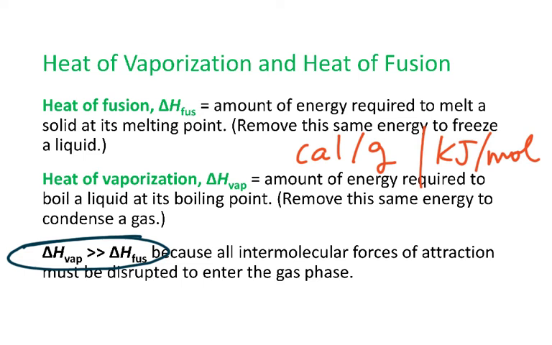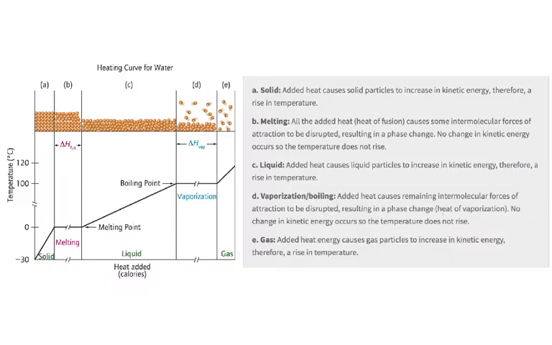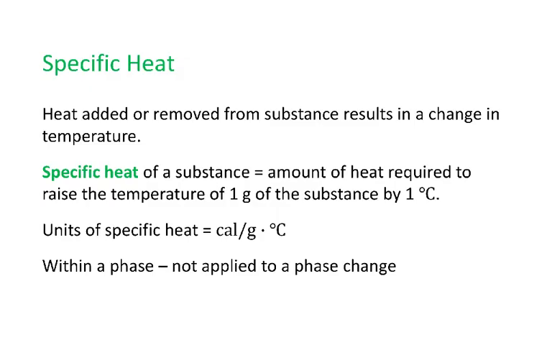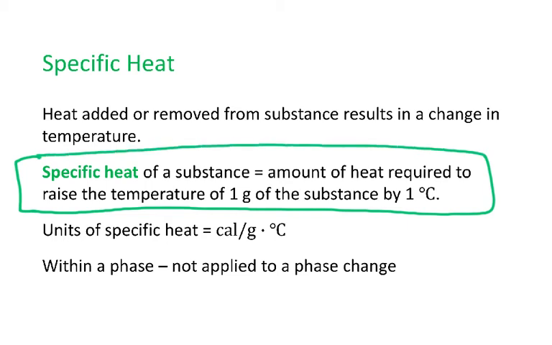Okay, so back to the plot for a moment of the heating curve. So we've covered the flat parts. These are the actual phase changes. Now, what describes the curved lines? Well, this is called the specific heat. This is the amount of heat added or removed from a substance that results in a change of temperature. The definition is the amount of heat required to raise the temperature of 1 gram of the substance by 1 degree Celsius.